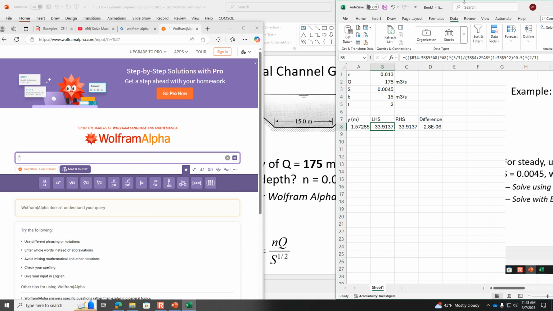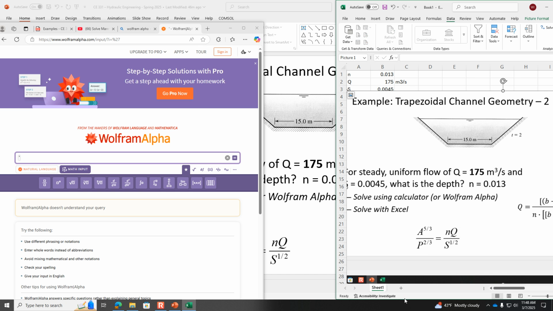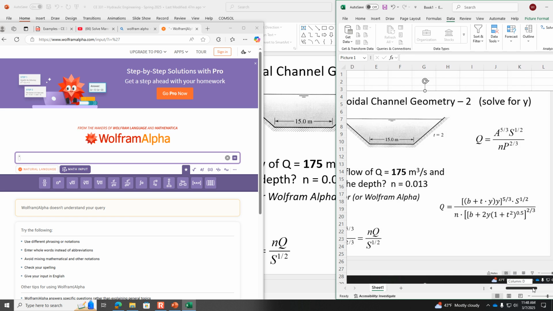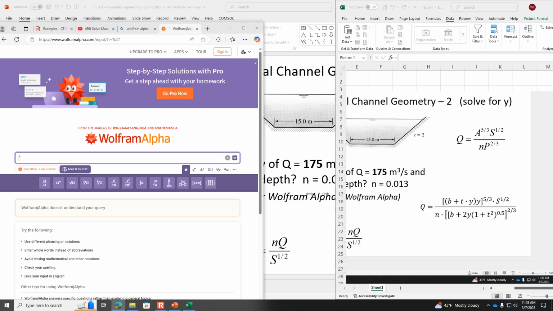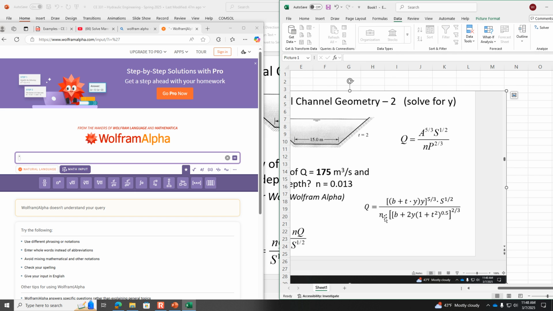What I'm not sure is if you just type in the equation, whether you can define the variables. We probably don't have time for me to play around with that, but you could put in the known values, like so. Just type in 175 for Q, type in 15 for B, and then for Y you leave it as Y, solve for Y.